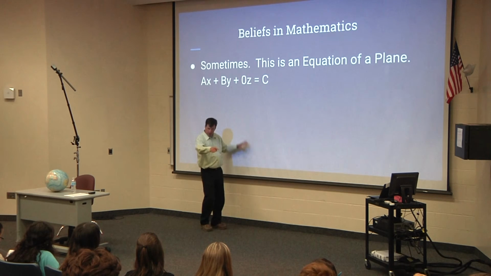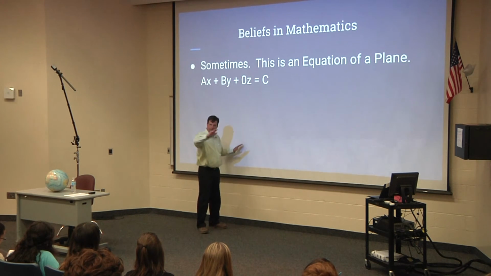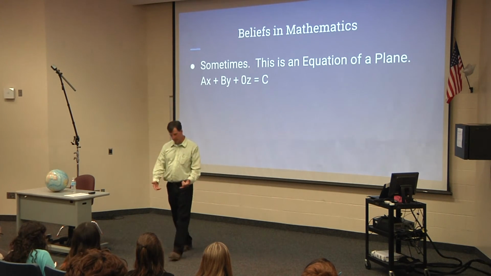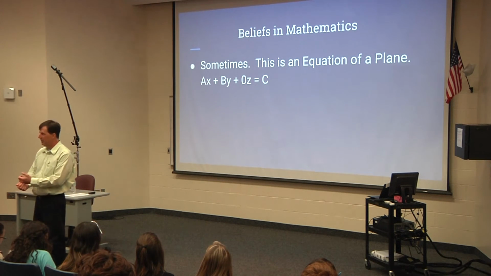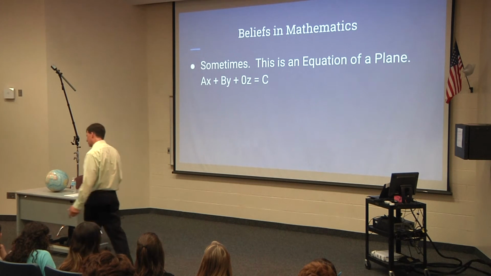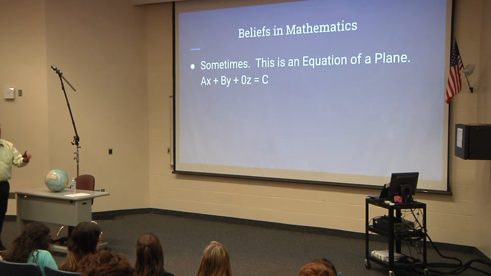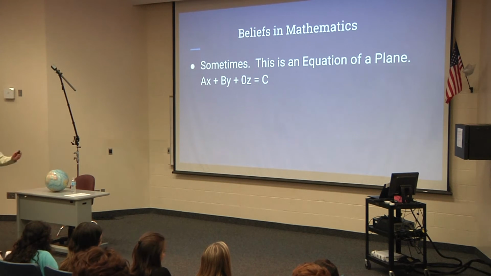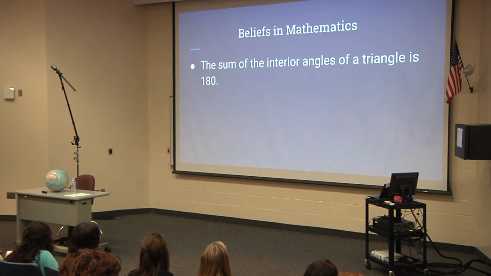So this line that you thought was a line is actually the equation of a plane that comes out in 3 dimensions. So you have a belief that, hey, this is the equation of a line. But reality is, this is the equation of a plane. I've got a couple examples. I'm going to test your beliefs on how they conform or not in this plane. Easy money. This was an easy one.